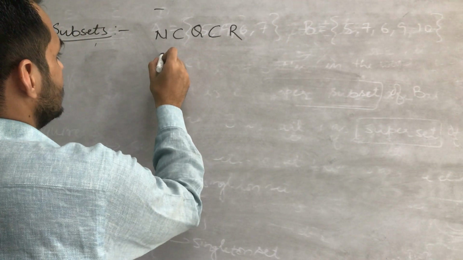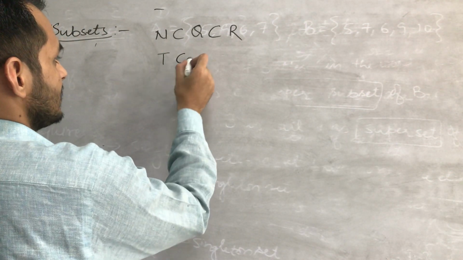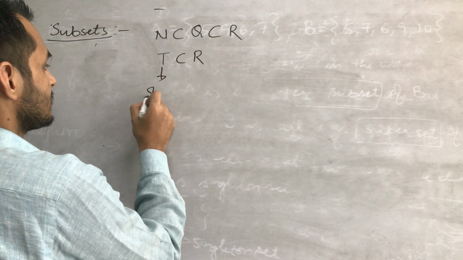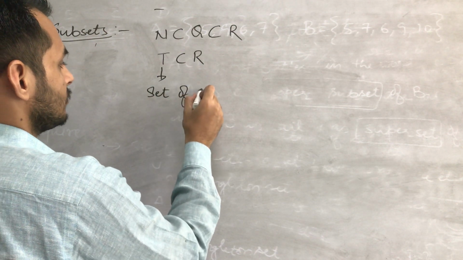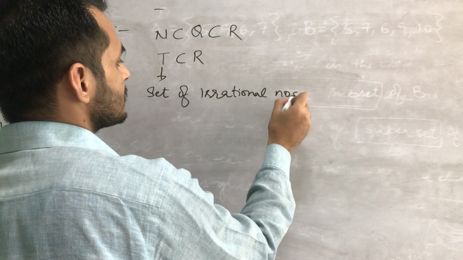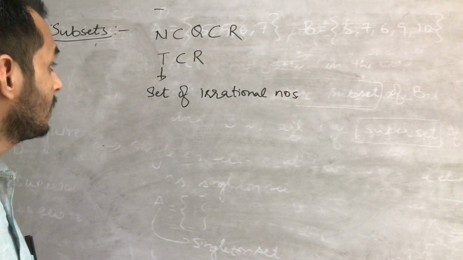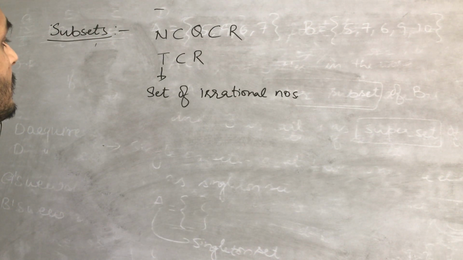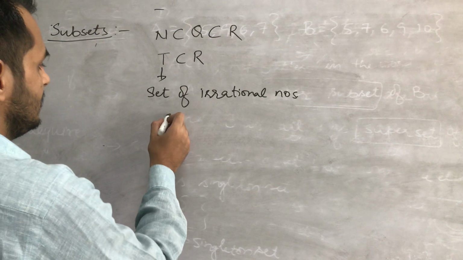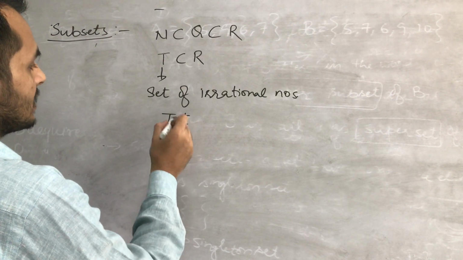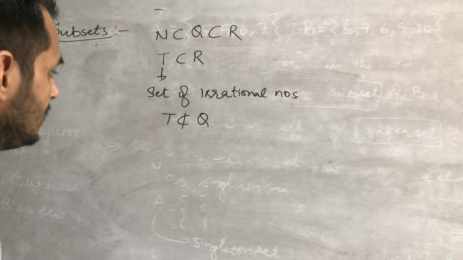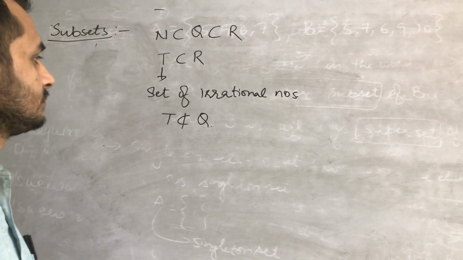Now T is a subset of R, the real numbers. What is T? The set of irrational numbers. And T is not a subset of Q. I can say it: T is not a subset of Q.